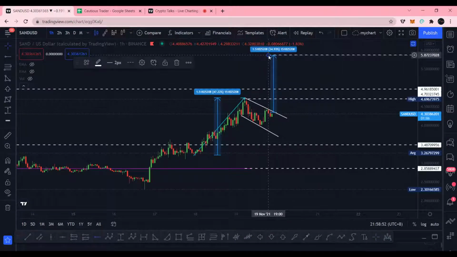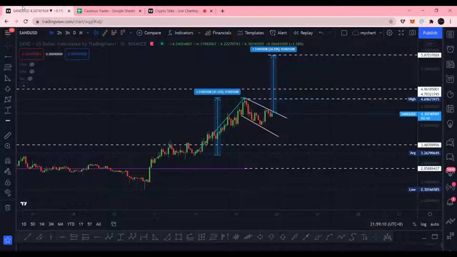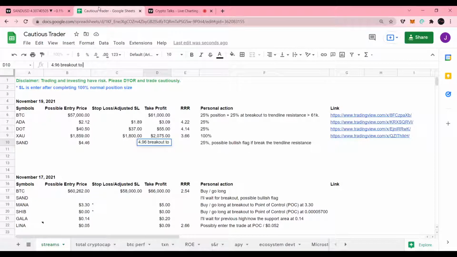So okay lang, di ba? 587. So TP1 at 496 and then 587. 496. What's that? 587. $5.87.